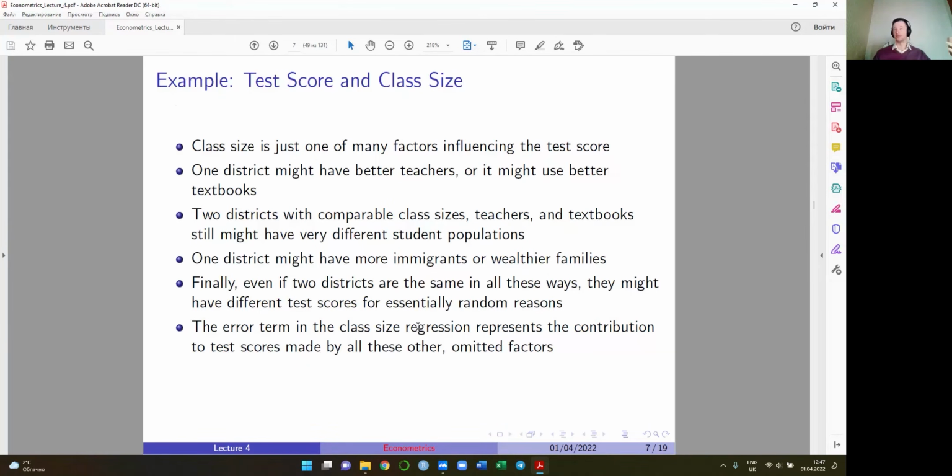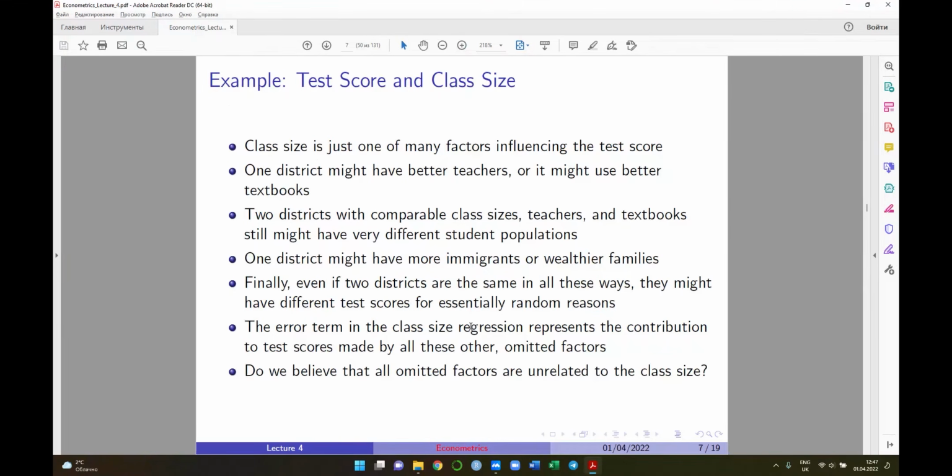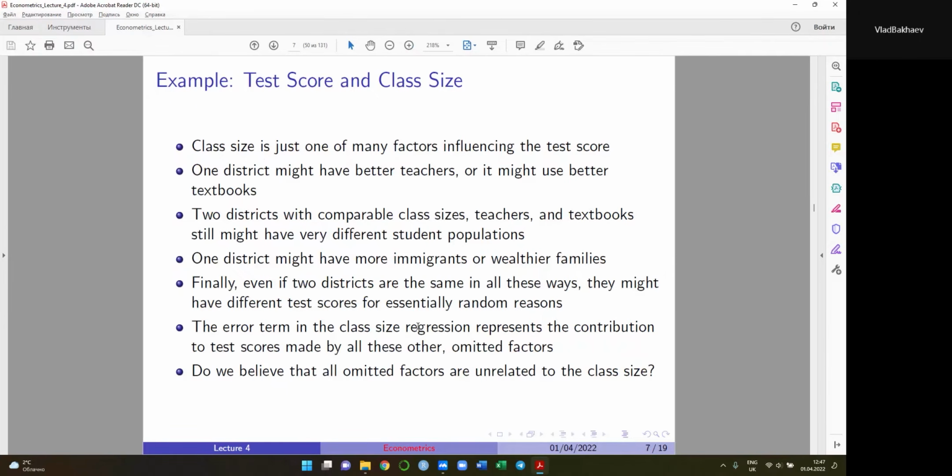And this is the problem. So how to solve this problem, we will discuss in lecture number 6. For now, we just assume it. For now, we assume that it's okay. I mean, we keep working as if this assumption holds, but we already see that for the class size example, this assumption doesn't hold.